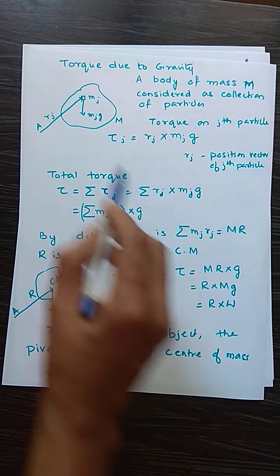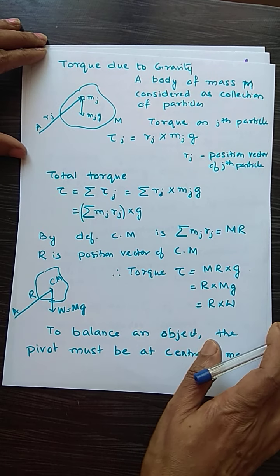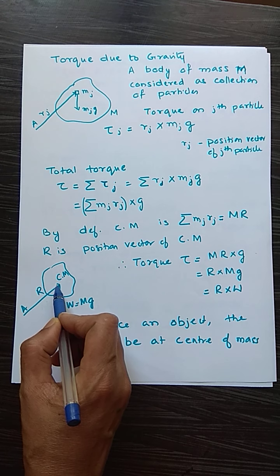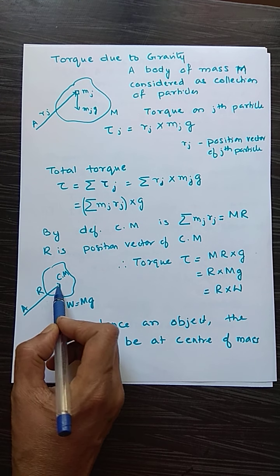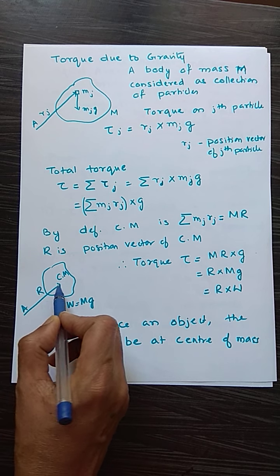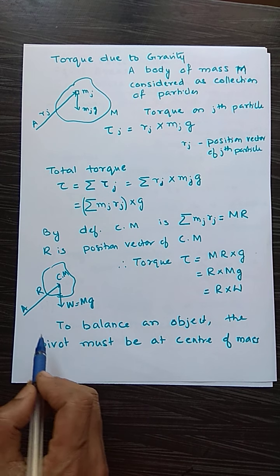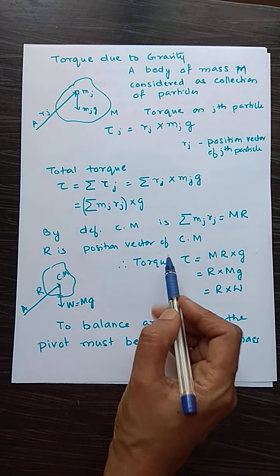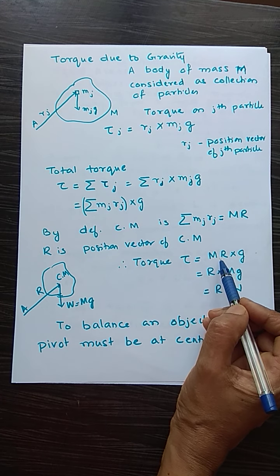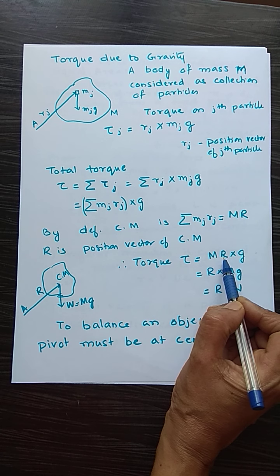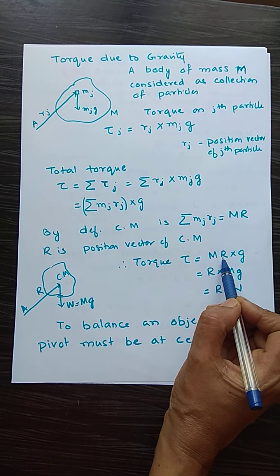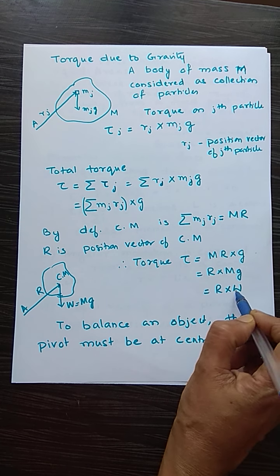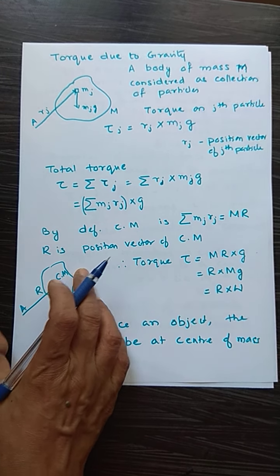Capital M is the total mass of the object, and r is the position vector of the center of mass. The center of mass is a point where the total weight of the body is imagined to be balanced, the place where you pivot an object to keep it balanced. So the torque tau is equal to r cross Mg, where r is the position vector of the center of mass. Mg is the weight of the object W, so this is equal to r cross W.